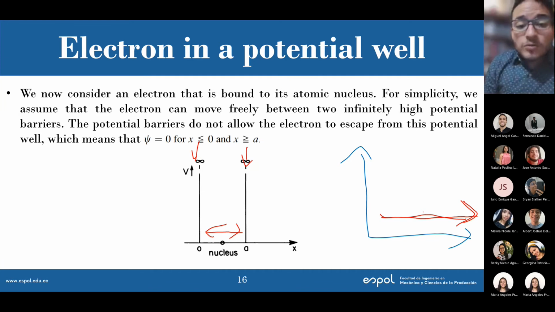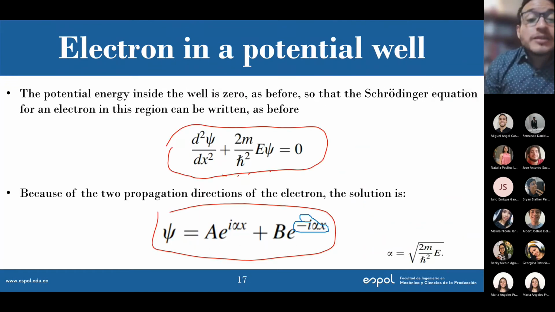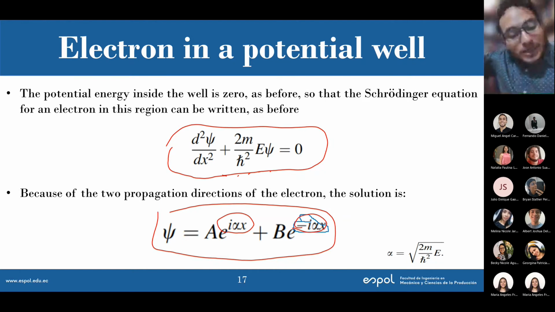But now it encounters this wall, this block here, and it has to come back. And therefore it's moving in both positive x and negative x direction. So it's coming back and forth, back and forth permanently. And that's why you have this negative x direction here. Before you only had this positive x because we were assuming it was moving only in the positive x direction. Now that electron is coming back and forth, in the positive x and negative x direction.